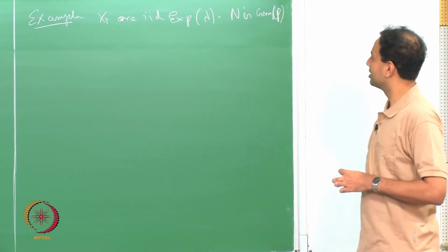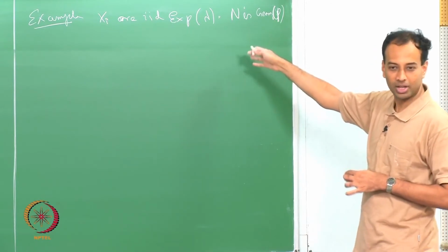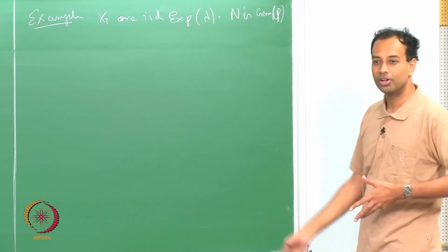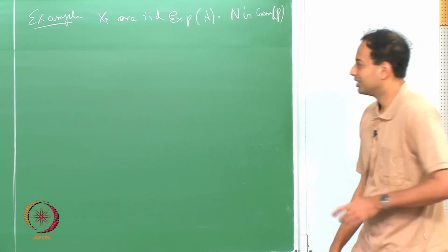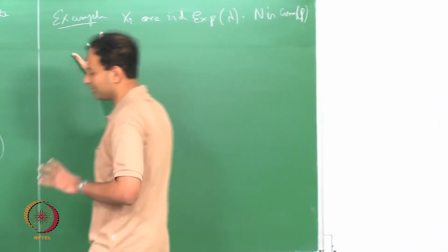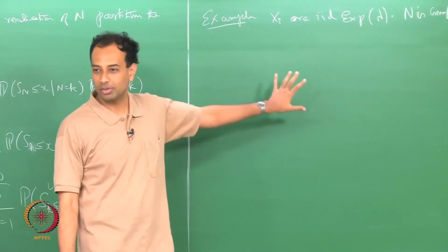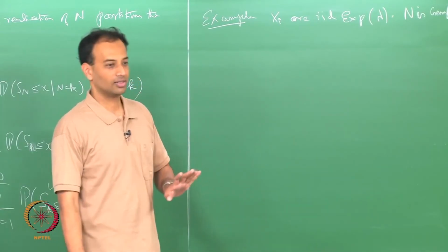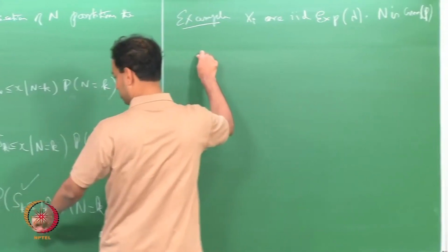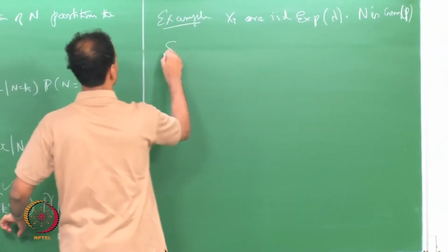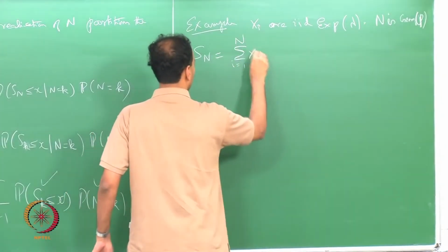So, this is a very well known example where you do not sum a fixed number of exponentials, you sum a geometric number of exponentials. The reason I am doing this is it gives you a nice answer. It starts out looking messy, but it gives you a nice answer. So, you can apply this rule: S_N is equal to the sum over i equals 1 through N of Xi.